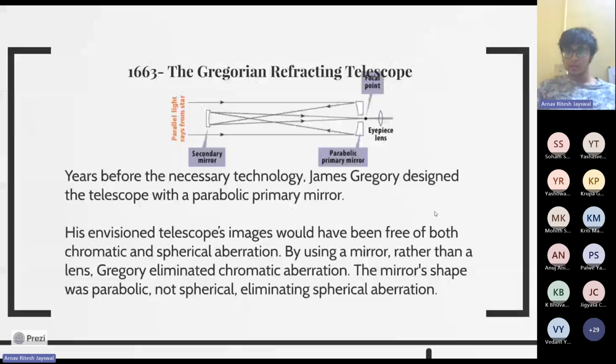Yeah, somebody had a doubt. I saw someone's hand raised. Your presentation is not changing. Oh, what slide can you see now? We are seeing the 1663, the Gregorian refracting telescope. Oh, just a sec. Yeah.